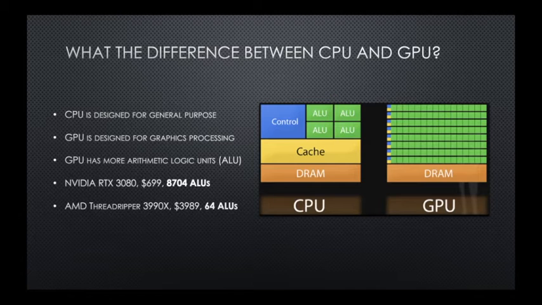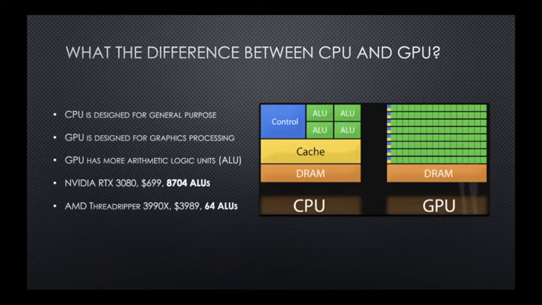We all know the CPU is designed for general purpose, so it's more complicated. But GPU is designed for graphics processing. A 1080p screen contains more than 2 million pixels. So the GPU should compute simultaneously if you want the display to be smoother.